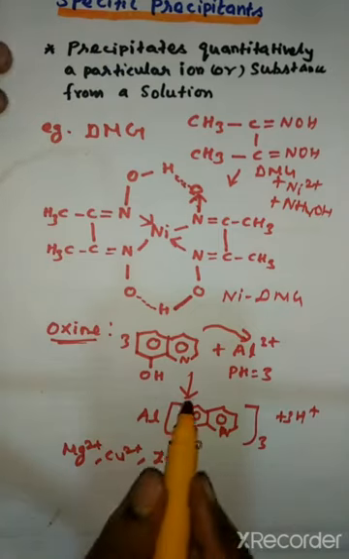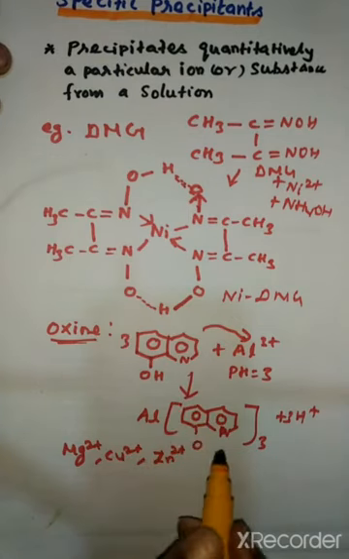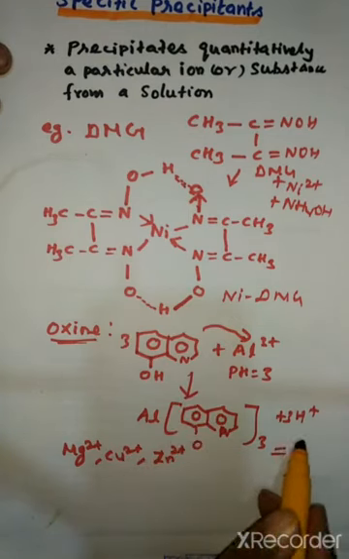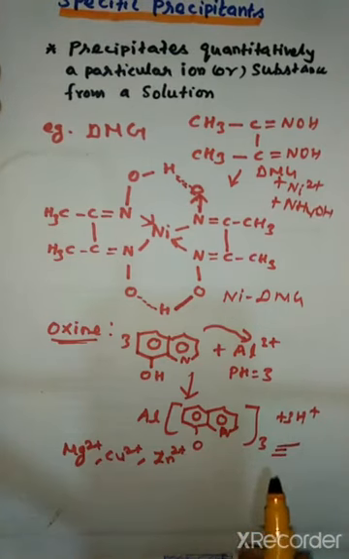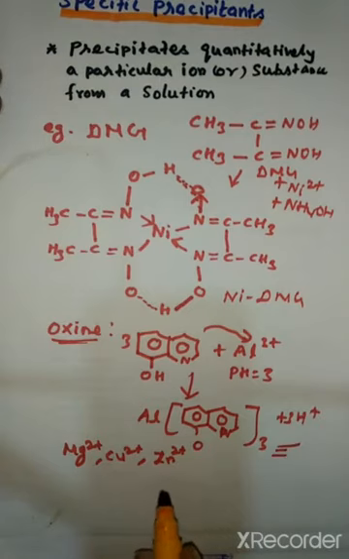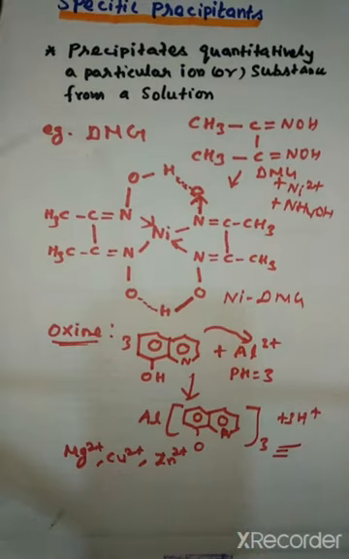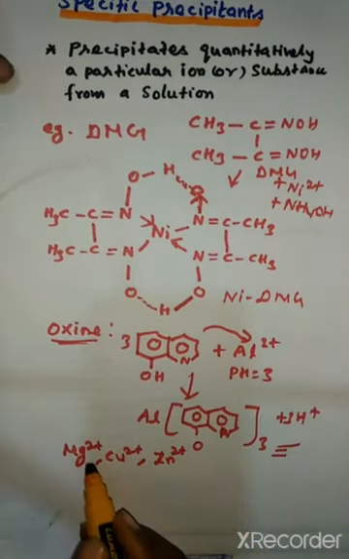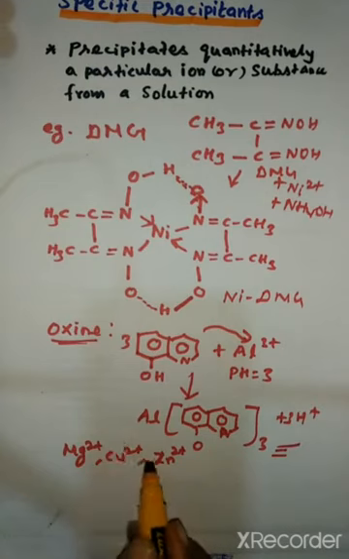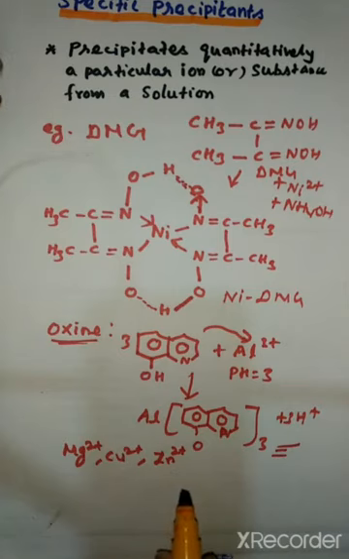The solubilities of these oxinates vary from cation to cation, and are dependent on pH.